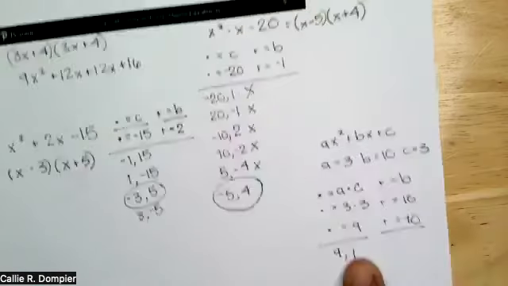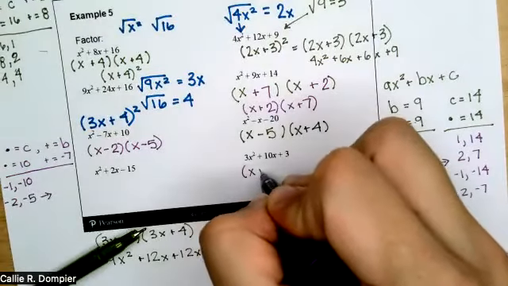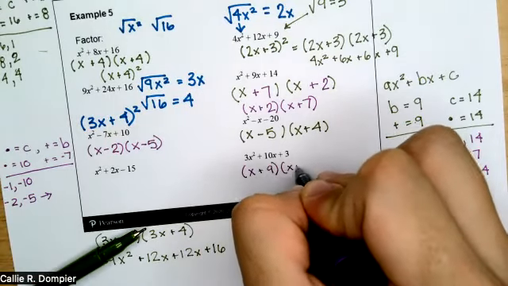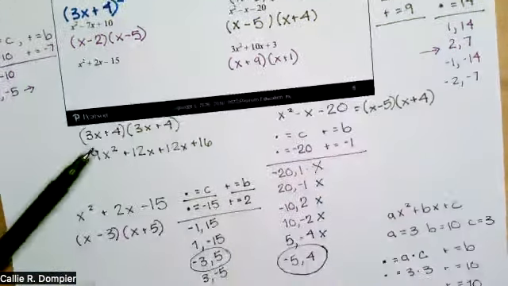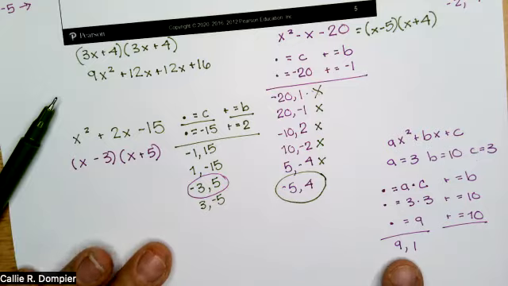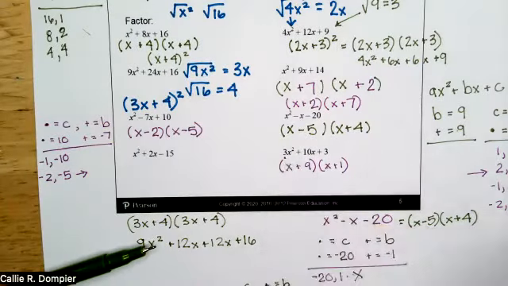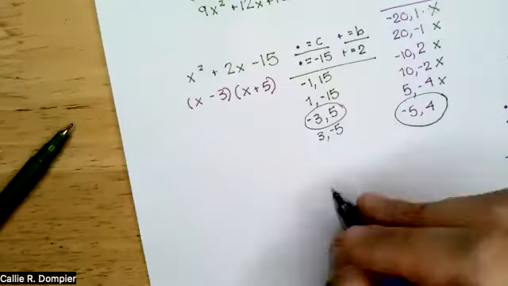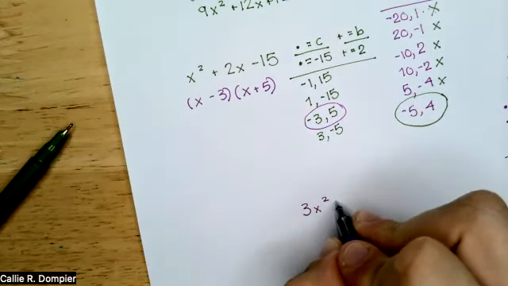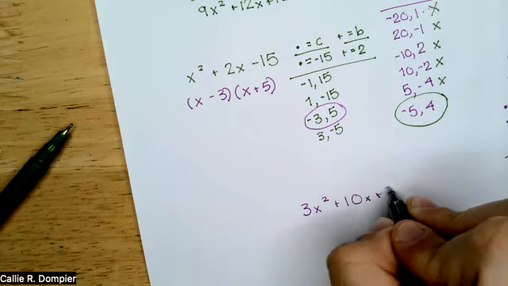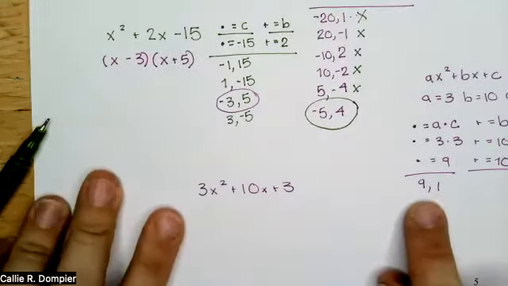Okay. You don't simply go x plus 9, x plus 1. That won't work, right? You can tell right away, even though it is 9 and 1, that x times x is not going to give me 3x squared. Instead, what we had was 3x squared plus 10x plus 3, and we got the factors 9 and 1.